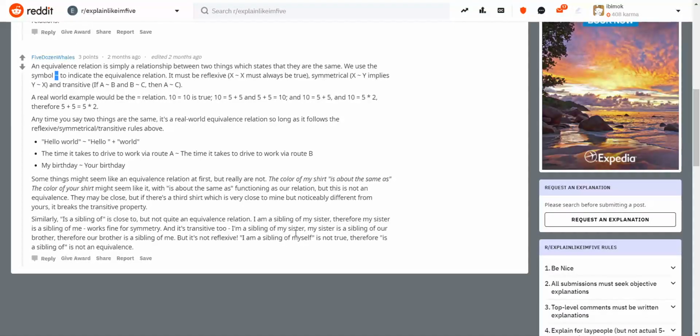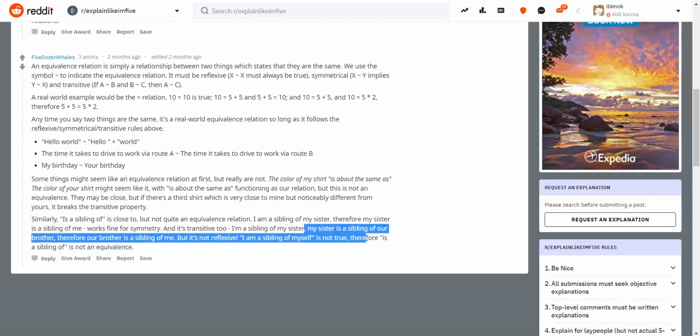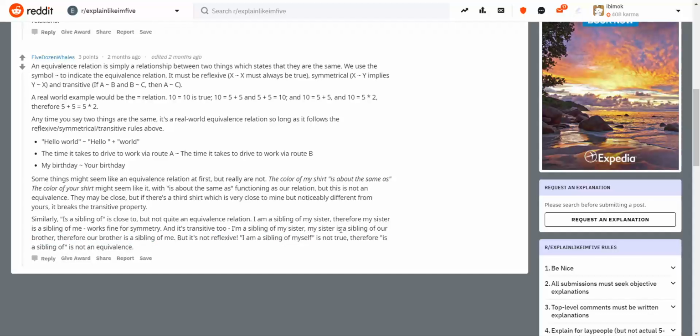I'm a sibling of my sister, and this is a transitive relation, which means your sister is also your sibling. And then there's this example where it says my sister is a sibling of our brother. So that means I'm a sibling of the brother.